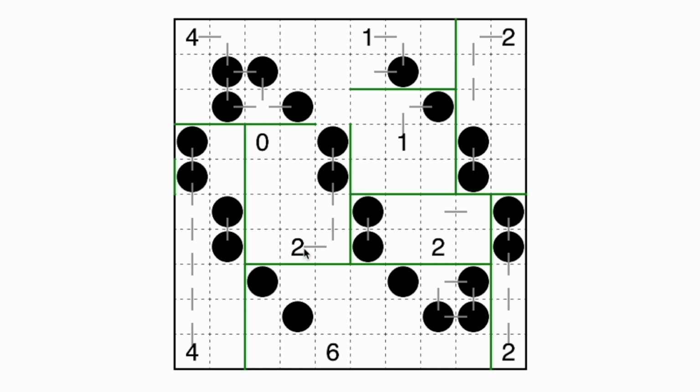And this region, which is at least this big, can't go west because of the 0 there. So that one's done. This cell has to belong to this one and to that clue. So that defines the size of this region.